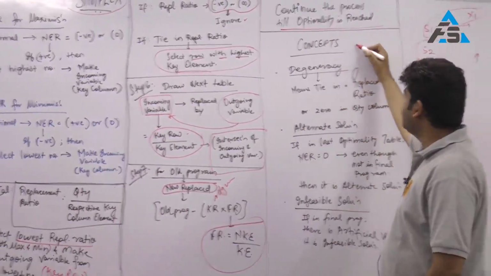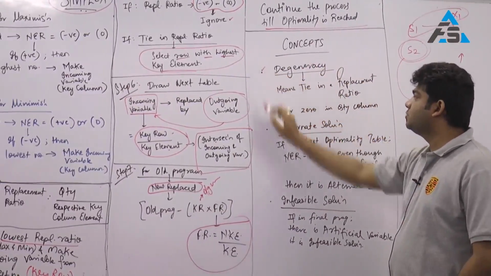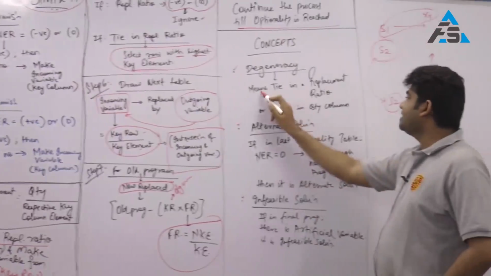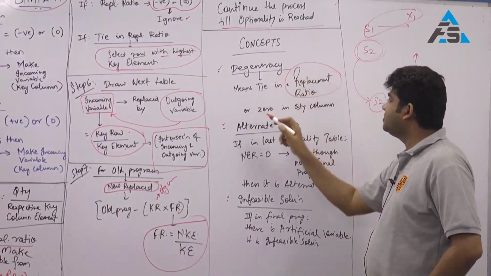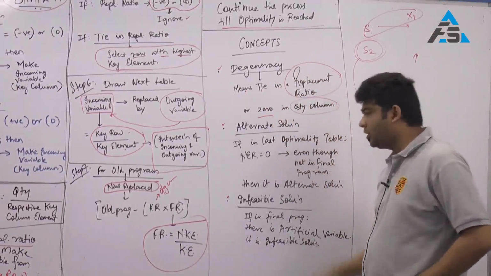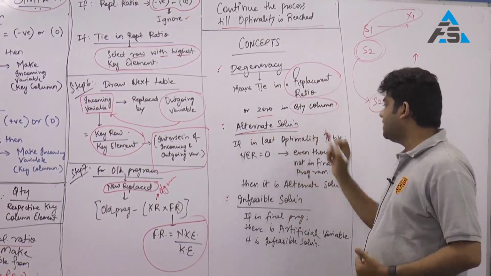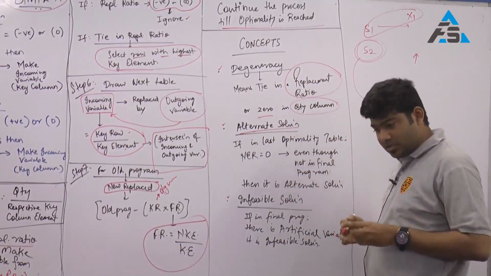Now, as far as concepts are concerned, there are three major concepts to be taken care of. First is degeneracy. What is degeneracy? When there is a tie in replacement ratio or 0 in the quantity column, we say that there is degeneracy. Second concept is alternate solution. When do you know that there is an alternate solution?